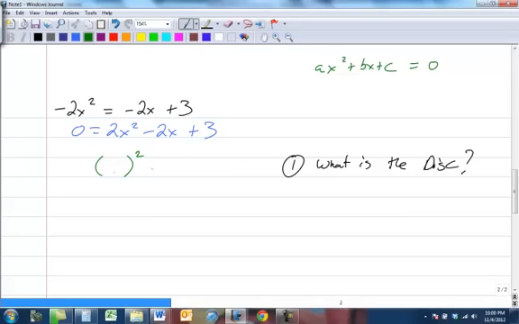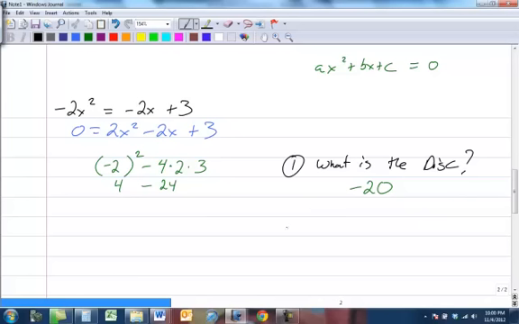So this is going to be (negative 2) squared minus 4 times a, 2, times c, 3. So b squared minus 4ac is 4 minus 4 times 2 is 8, times 3 is 24. 4 minus 24 is negative 20. So I know that my discriminant is negative 20.